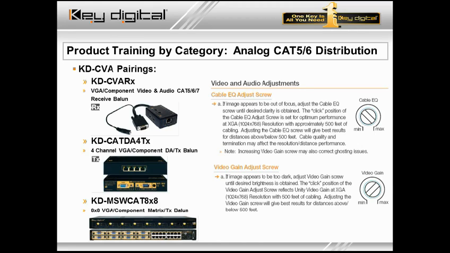I think that more often than not, a lot of applications are not 500 feet. They might be under 500 feet, might be the highest end of that spectrum. So typically you may have to slowly turn that video gain screw counterclockwise to lay off a little bit until you see that image and until you have a nice brightness level.